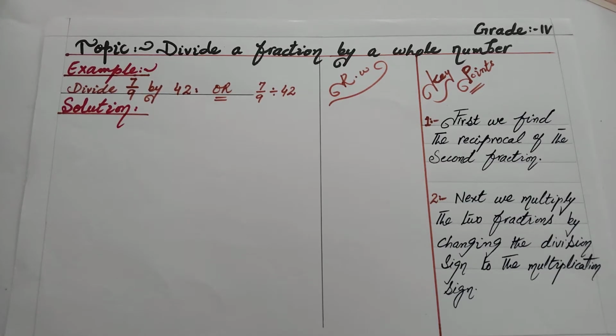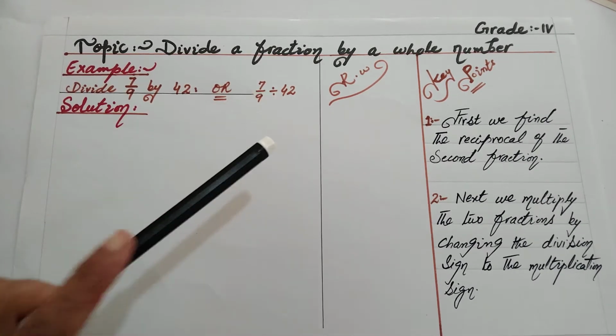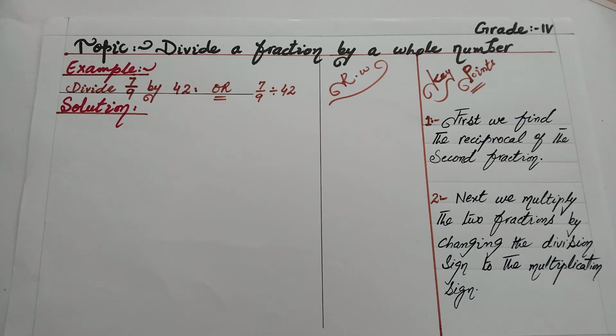Dear students, as in the previous lecture, you have learned about the concept of reciprocal, how to find the reciprocal of the fractions. Today we are going to start the next topic, that is divide a fraction by a whole number. To understand the concept about the division of a fraction, we must first know what is the reciprocal.